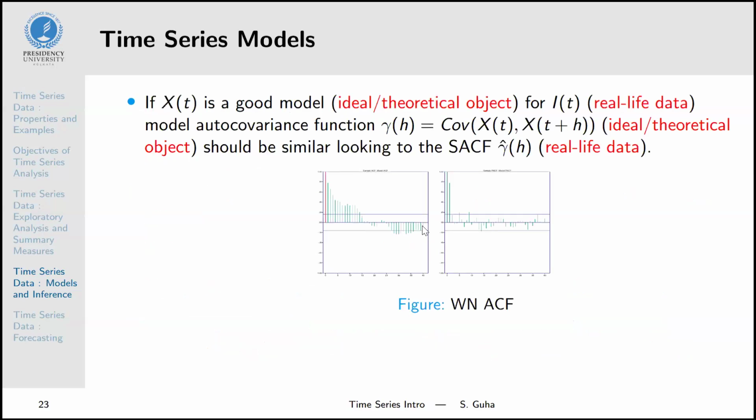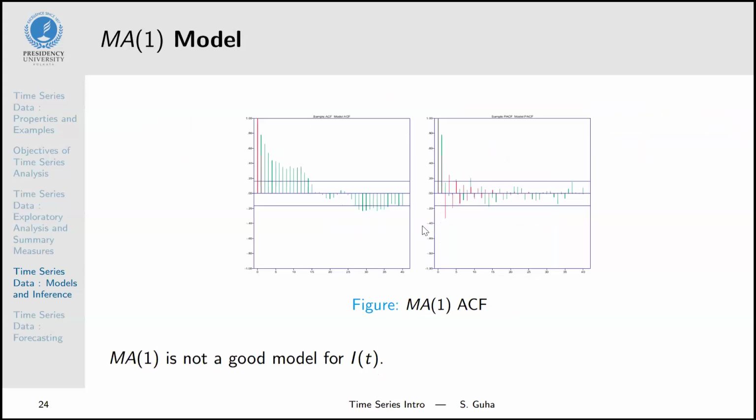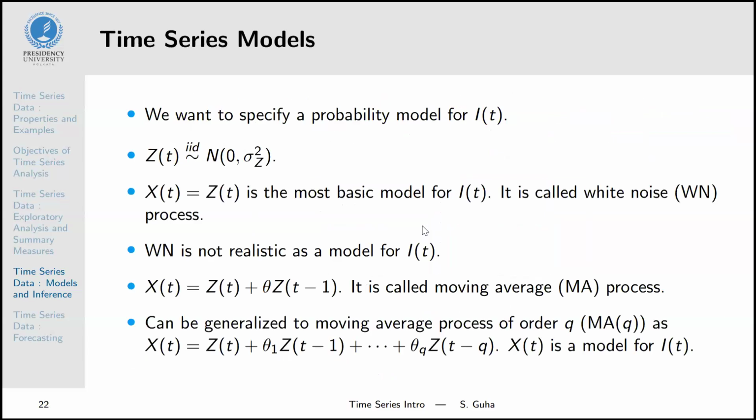So you have already seen that white noise is really not a good model for our data. So now my question is, can I work with an MA model, the MA1 model? And is the MA1 model a good model for the data? Recall that this is the equation of MA1.